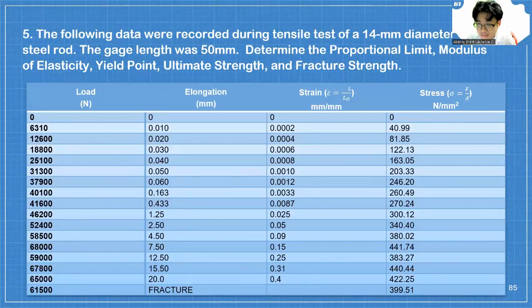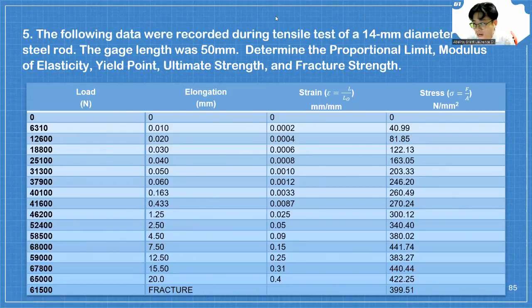Ang given lang sa table na ito ay itong ating load and ang ating elongation. At dito natin may apply yung mga definition na nabanggit natin for the past slides sa pag-interpret natin ng mga data na ito.